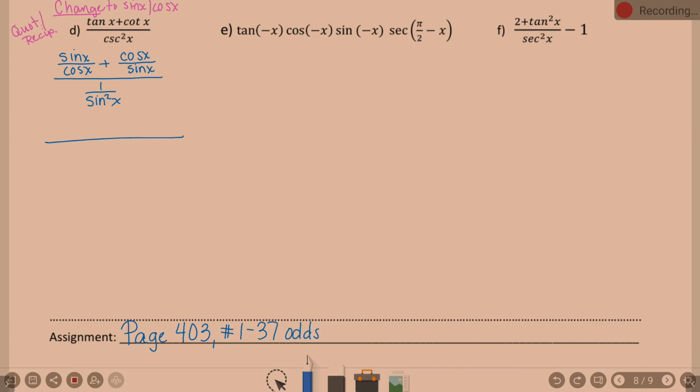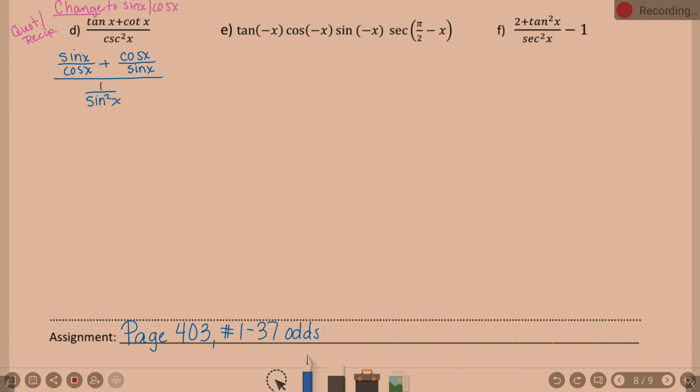On top, can I go ahead and put it as one fraction, or will that mess you guys up too much? To be honest.